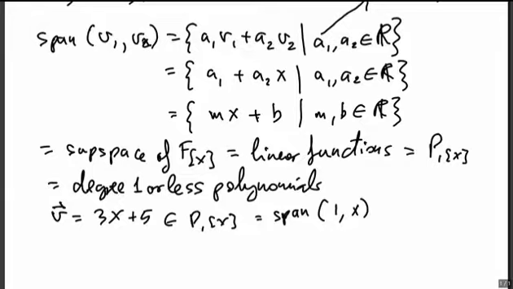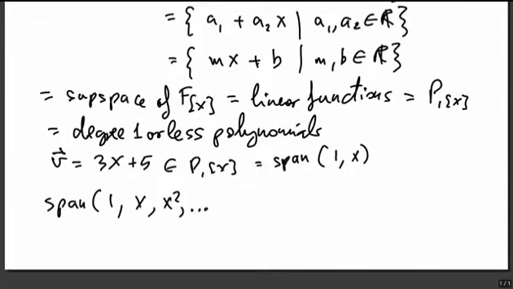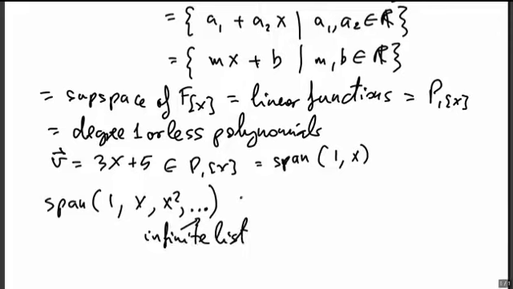If we think about the span of 1, x, x squared, and so on, dot, dot, dot, if we don't have an n at the end of this list, then this means an infinite list. So if you think about this, these are linear combinations of arbitrary powers of x.